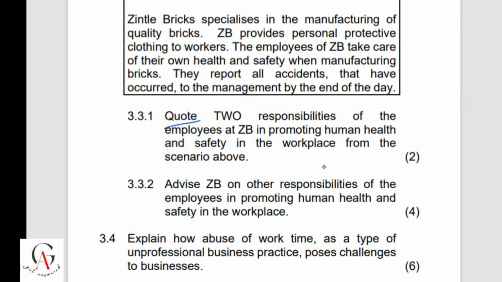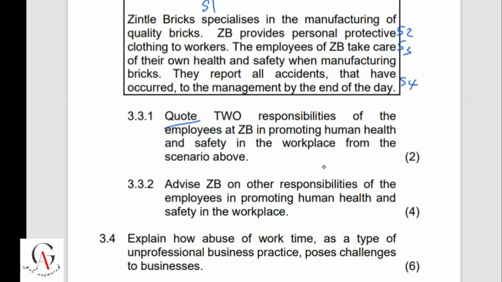Okay, right. So now let's go through this and check. This is our sentence 1. This is our sentence 2, and then this is our sentence 3. Okay. Then this is our sentence 4. So now remember, when you quote, you're expected to write a full sentence as it appears on the given set of scenarios.